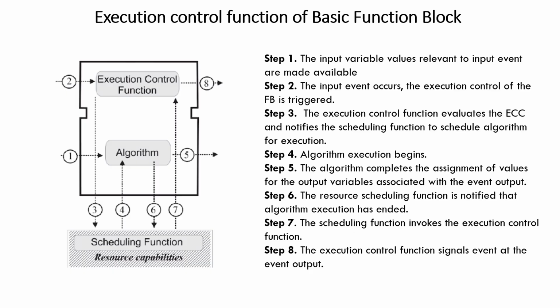And this process repeats over and over again until there are no transitions that can be evaluated to true. And then the execution control function lets the event be emitted at the output, and the associated data become available at that time.